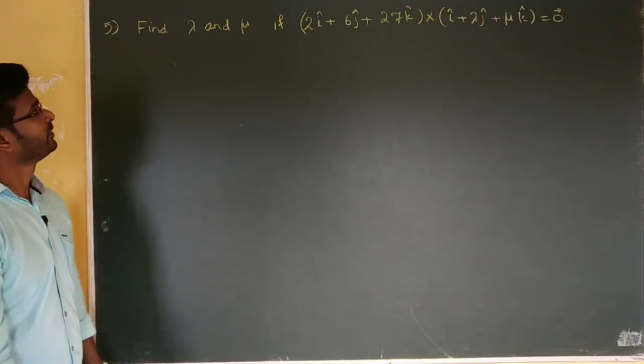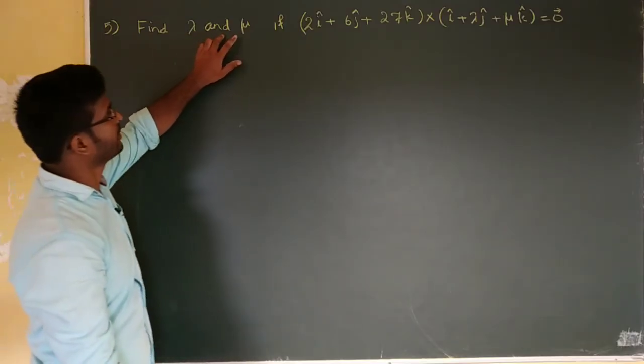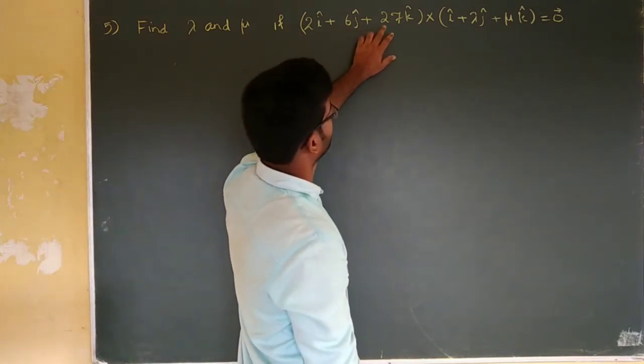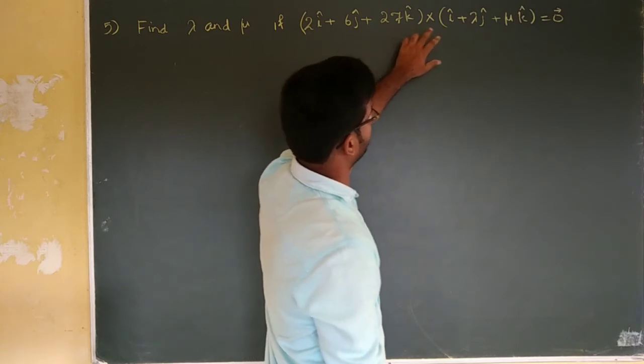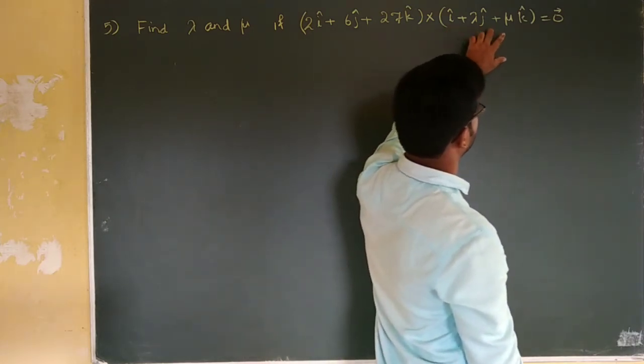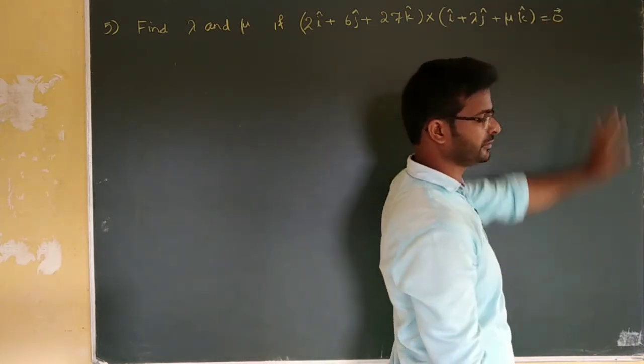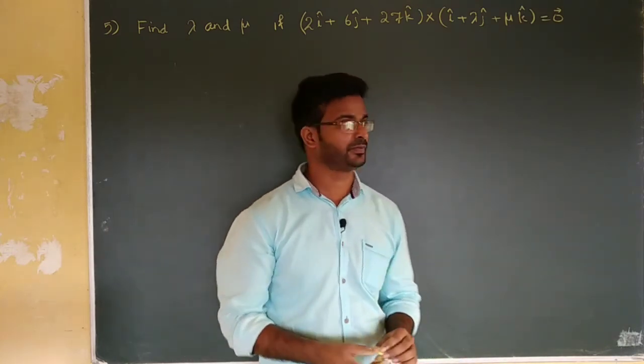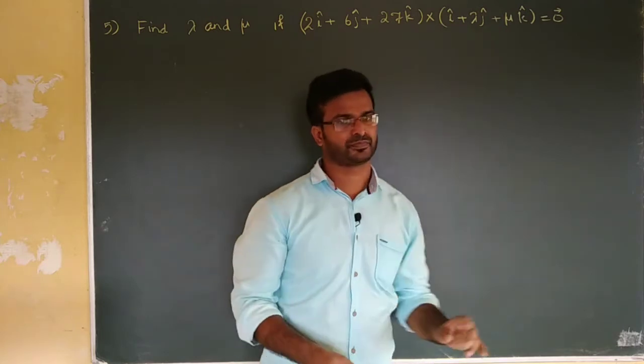Question number 5. Find lambda and nu if 2i plus 6j plus 27k cross i plus lambda j plus nu k equal to 0 vector. One condition is given in here, we have to find out lambda and nu.